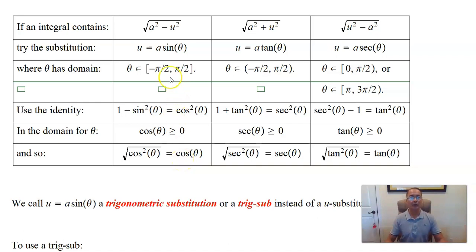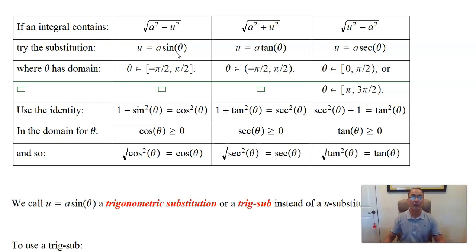Okay? So, once you do that, and of course, we also want to solve for du from this substitution. Okay? When you do that, you will end up with an integral that has sine, cosine, whatnot. Again, powers of sine or cosine. And hopefully, from the previous topic, we know how to attack whatever integral we get.